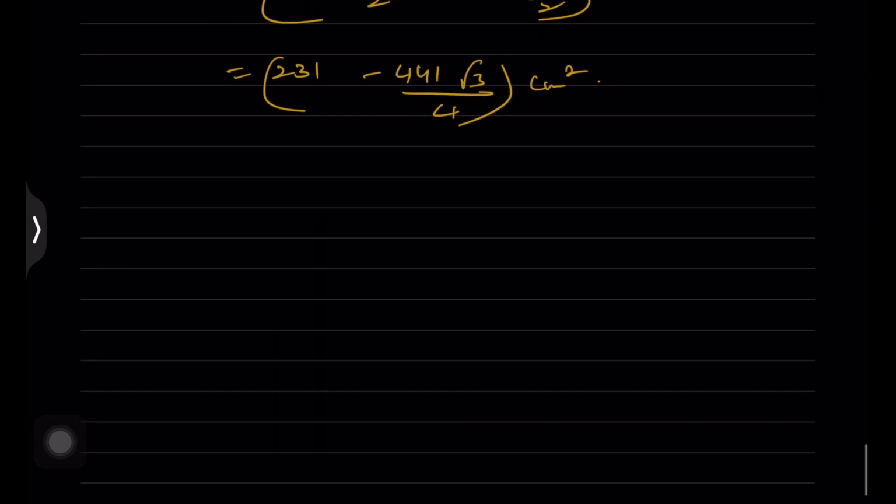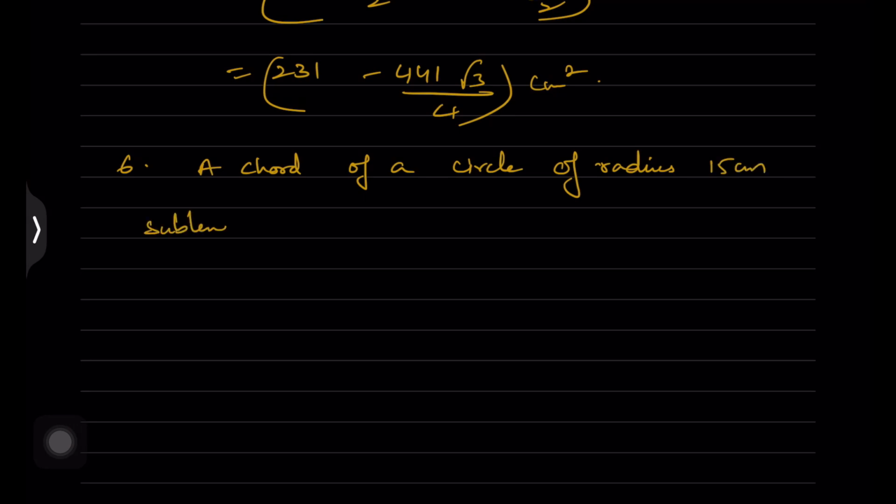Next, sixth problem. A chord of a circle of radius 15 centimeters subtends an angle of 60 degrees at the center.